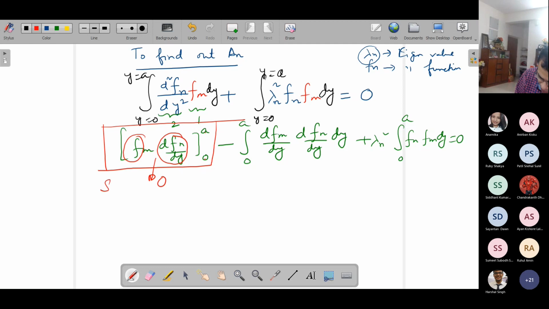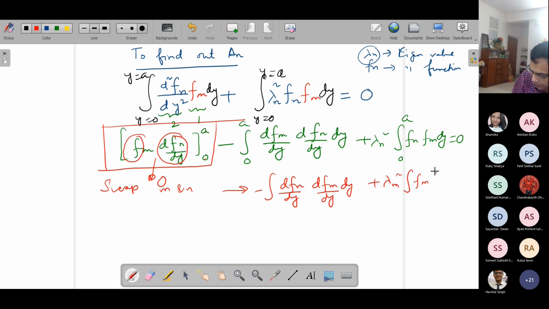Next, we simply swap m and n and write another equation. M and n are arbitrary symbols. So if you swap m and n, plus lambda m square, and now you subtract these two.